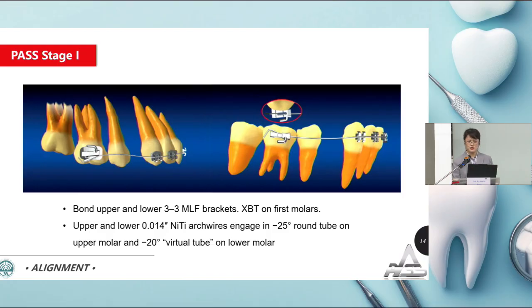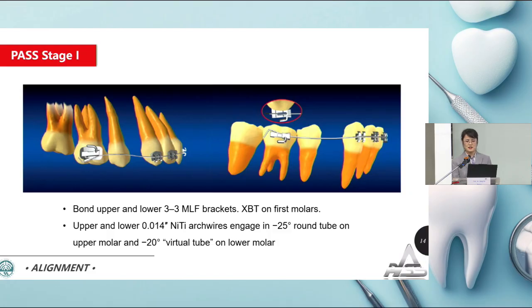At first, we always use a thin 14 nitinol wire engaged in the minus 25-degree round tube on the upper molar and the minus 20-degree, we call it virtual tube, or we just call it the tip-back slot, on the lower molar.